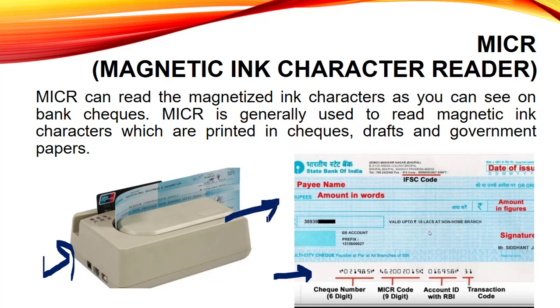Now let's read: MICR can read magnetized ink characters. As you can see on bank checks, MICR is generally used to read magnetic ink characters which are printed on checks, drafts and government papers. This magnetic ink is also printed on drafts, government papers and some other official documents.